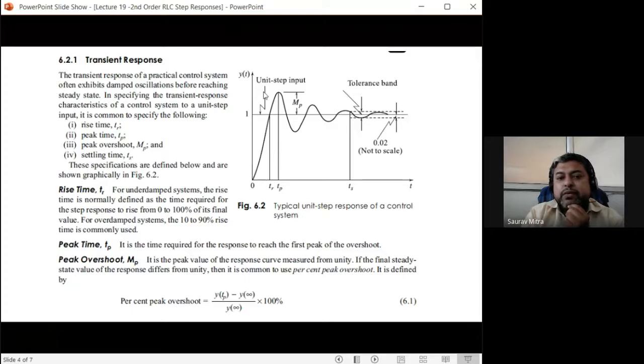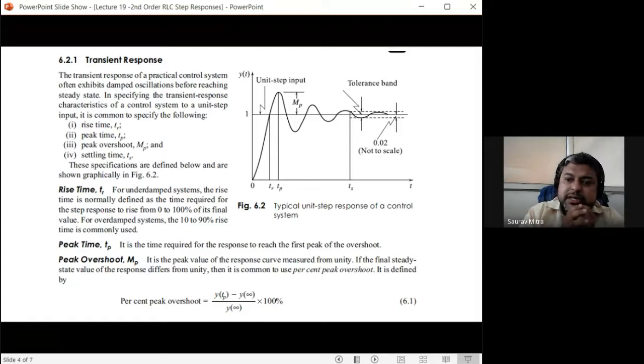So if I say that at y tp the amplitude is 1.4, and remember this, for any system we should not design the RLC values in such a way that the peak goes above 40%, because that is a very large deviation. It should not happen. So we should try to keep the percentage Mp low, because the more the amplitude, the more unstable the system becomes.